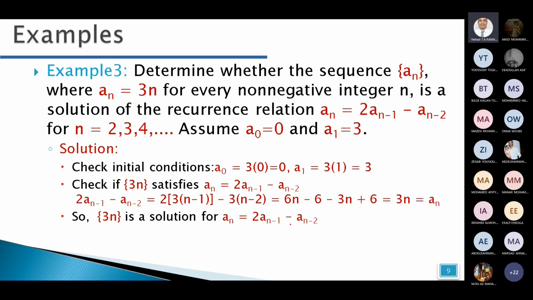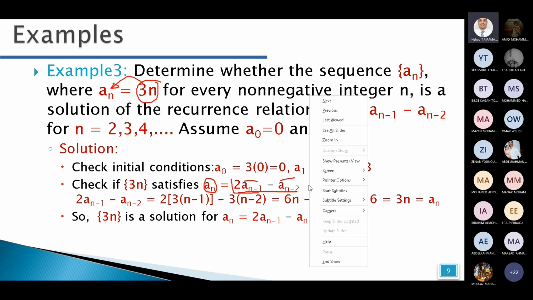We will start from this recurrence relation and apply the solution for each term. If you get a_n at the end, then it's correct. You start from this a_n, and you reach this one. This means you reach a_n.